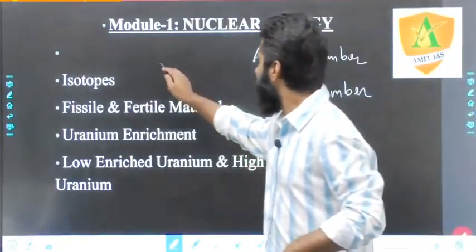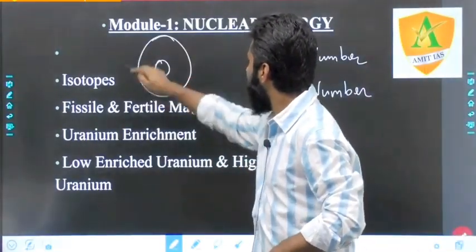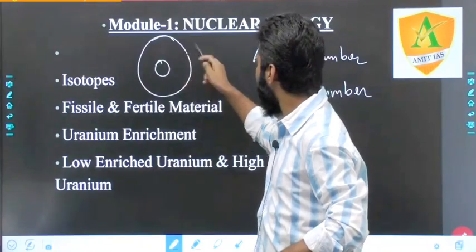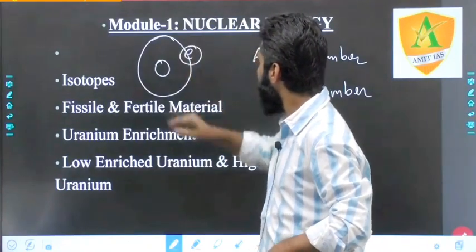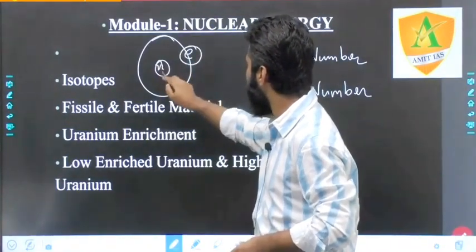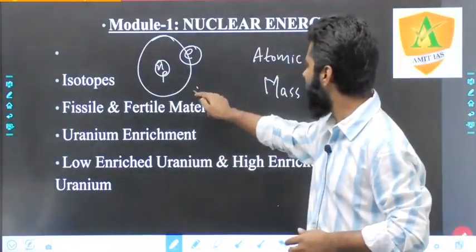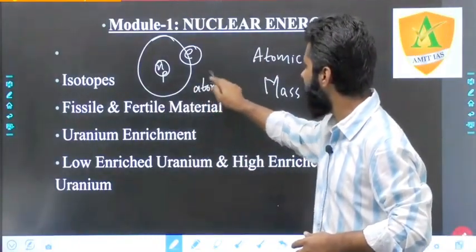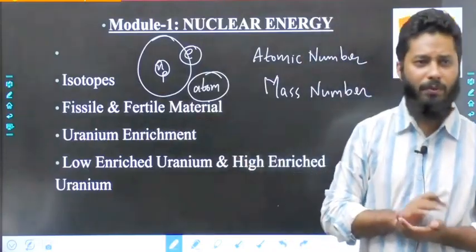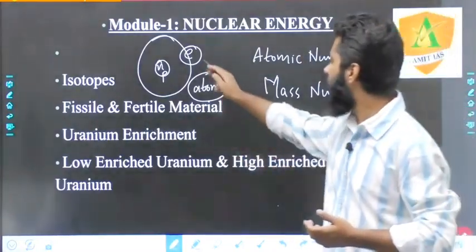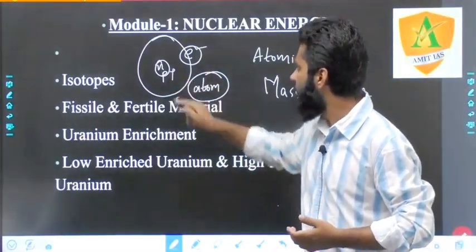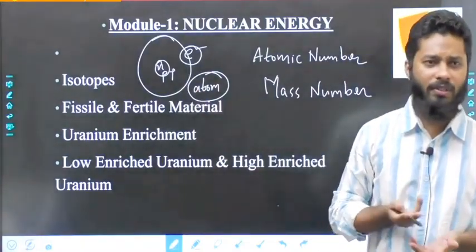This is a nucleus, and electrons are revolving around it. There are neutrons and protons inside the nucleus of the atom. So this is the basic representation of an atom, in which the electron is negatively charged, the proton is positively charged, and the neutron is neutral, with no charge.